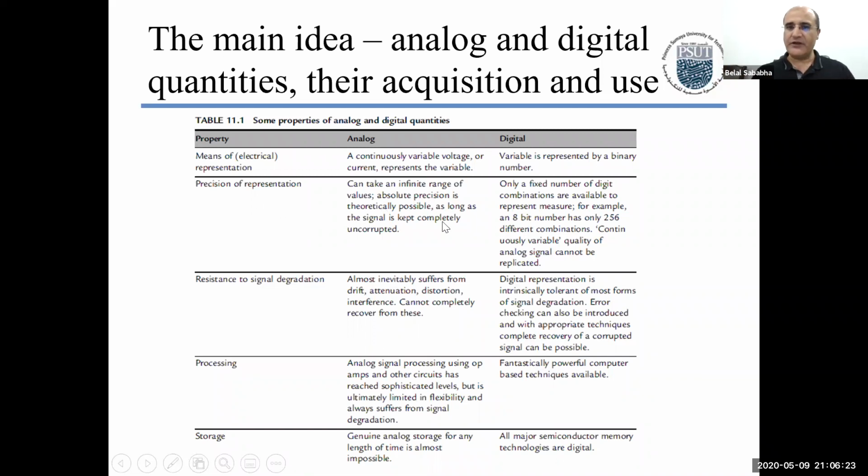Talking about precision, in analog you have an infinite number of values, so you have infinite precision, very precise readings. You know the exact voltage, theoretically up to infinity.